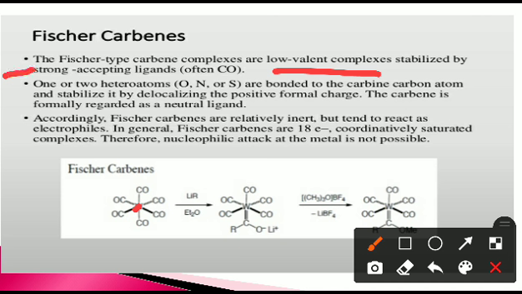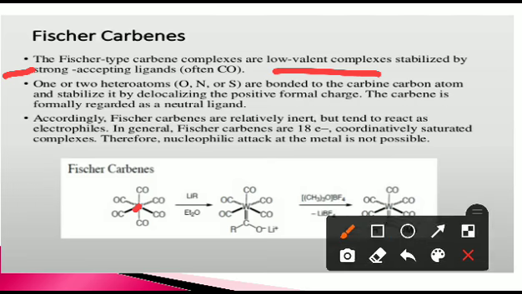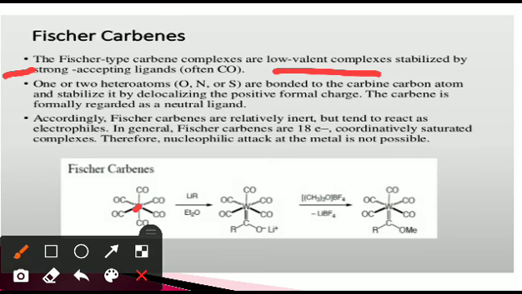Here one or two heteroatoms, oxygen, nitrogen, sulfur, are bonded to the carbon atom and stabilize it by delocalizing the positive formal charge. The carbon is formally regarded as a neutral ligand.